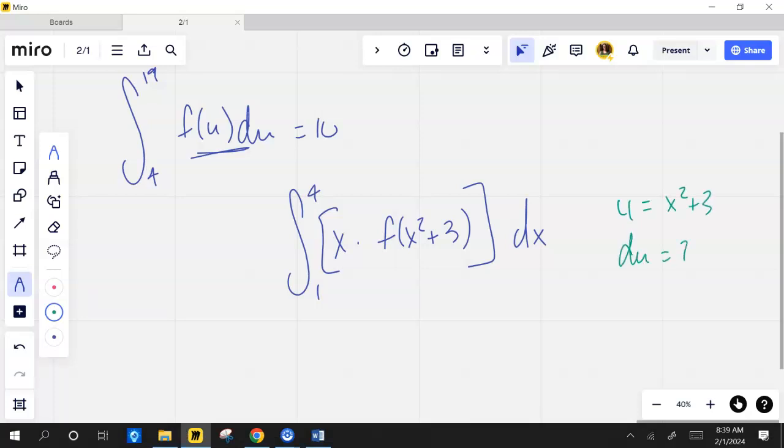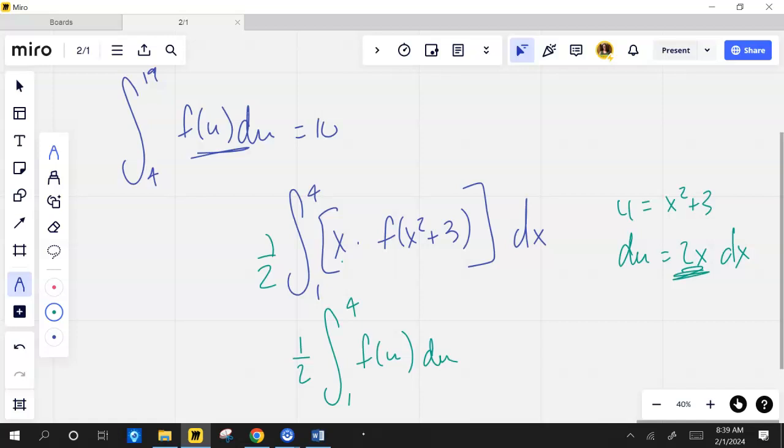That means du would be 2x dx. So I've already got an x. I could counter it and give it the 1/2. So then I'd have 1/2 times the integral from 1 to 4 of f of u.